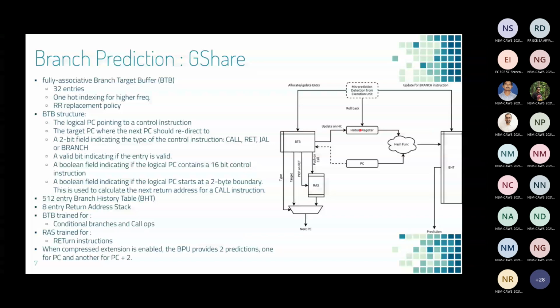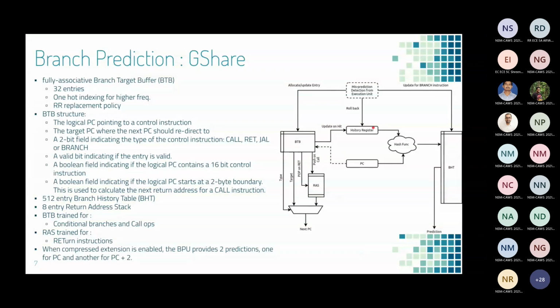So the shift continuously happens. Right? So the history register will continuously shift as and when a branch is encountered. And based on that, you'll have to warm up. The warm up time for a predictor is much higher for G-share. But once it's done, it's very strong and powerful. Okay.